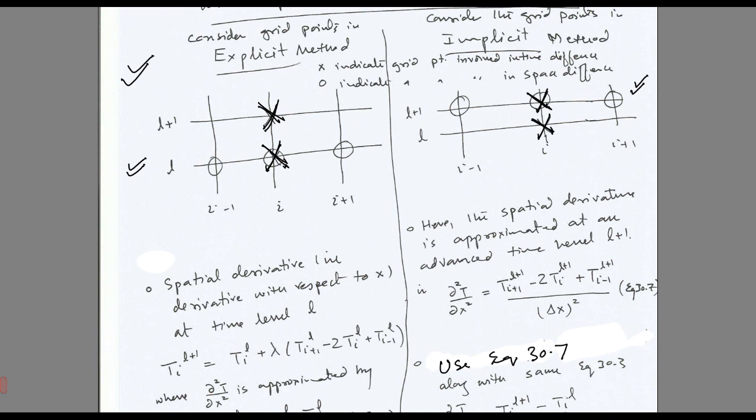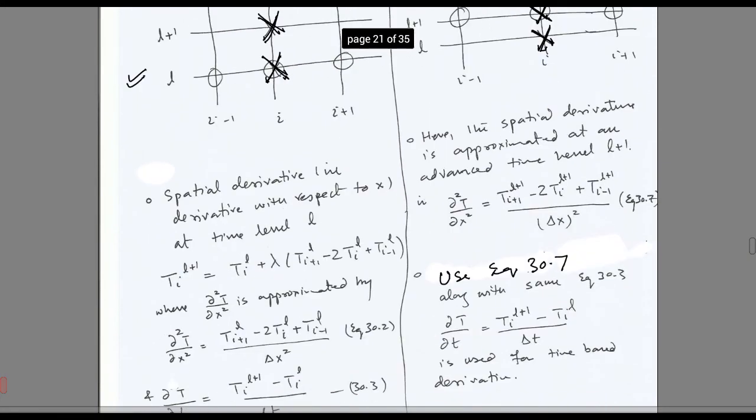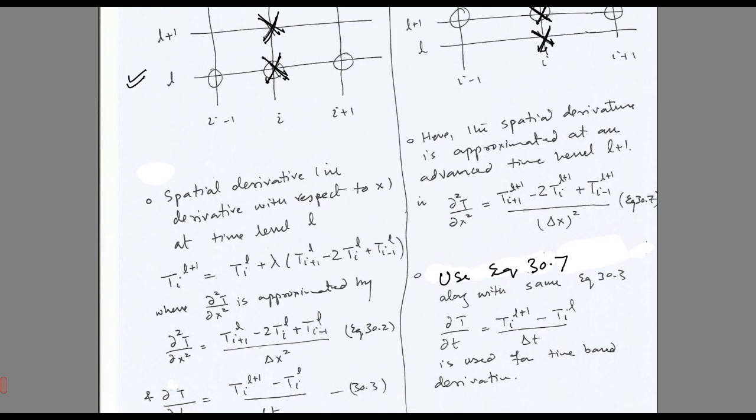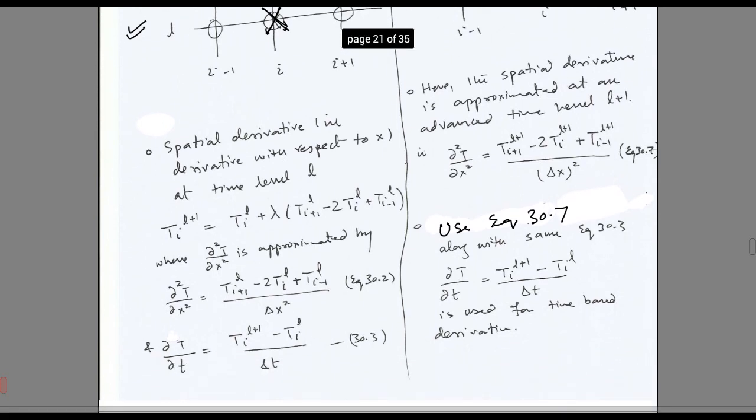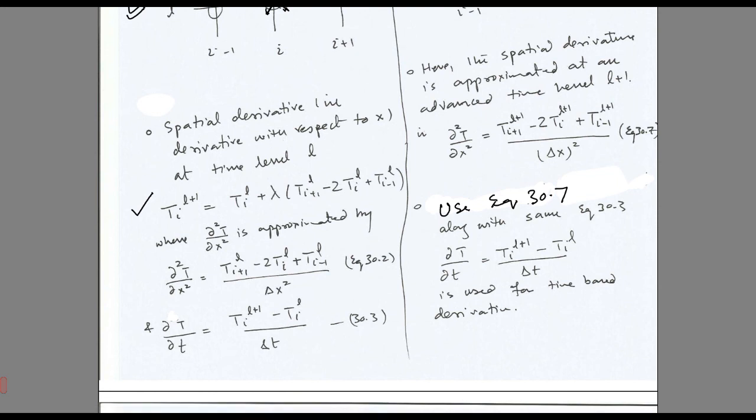So in the explicit method, the derivative with respect to x is at time level L. We just saw this one. While here in the implicit method, the derivative is given by Ti minus 1, Ti, Ti plus 1 at L plus 1.